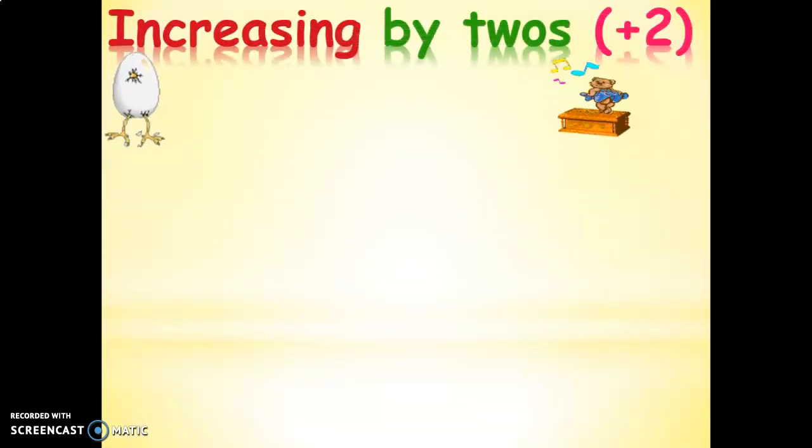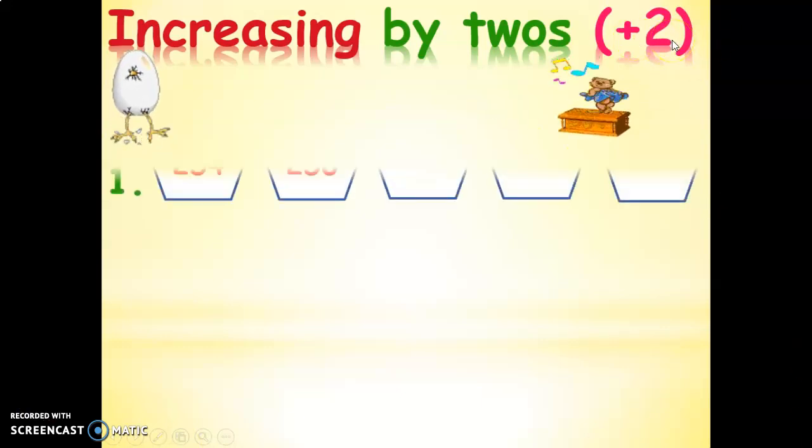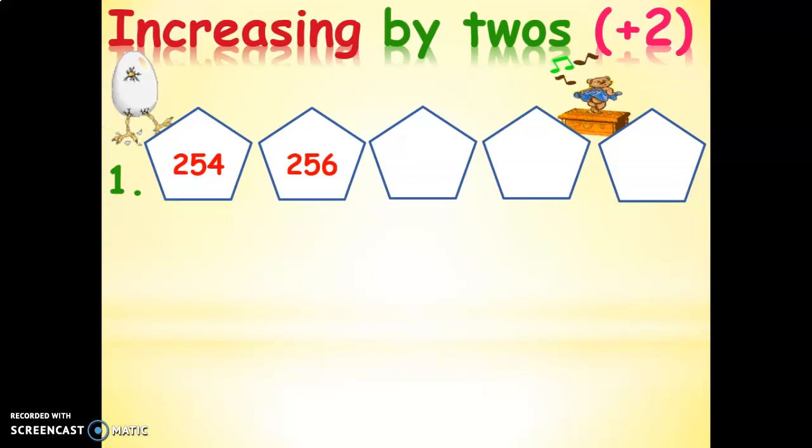So for increasing by 2's, the answers are always 2 more than the number before it, and you simply have to do plus 2 to get the answer. For number 1, we start off with 254, 256. The next number is 258, so plus 2. Plus 2 will be 260.